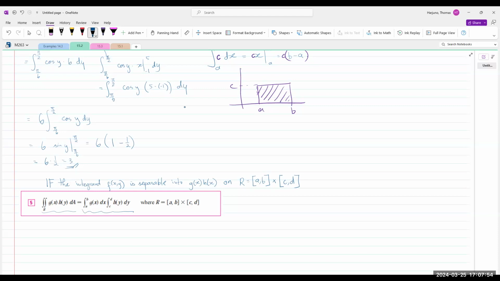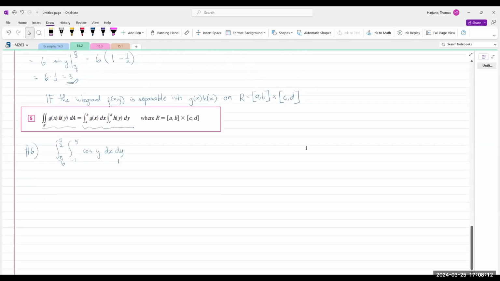If we look back at number 6, you see the integral from pi over 6 to pi over 2, integral from -1 to 5 of cosine y dx dy. Notice that this is basically cosine y times 1, right? Which I can rewrite as the integral from pi over 6 to pi over 2 of cosine y dy times the integral from -1 to 5 of 1 dx.